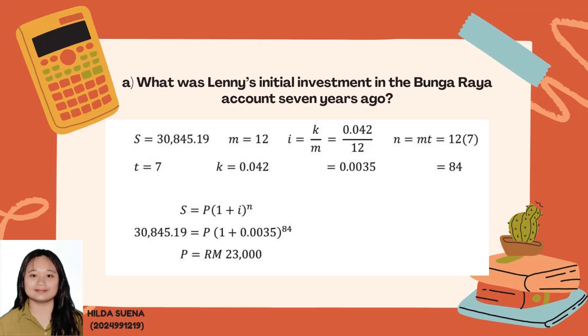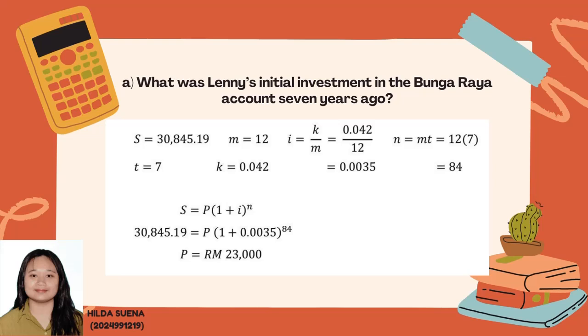As we all know, P is the original principal, while i is the interest rate for each interest period, and n is the number of interest periods. So, we're going to use the formula to find value P. Before that, we're going to extract the info we got from the situation above.